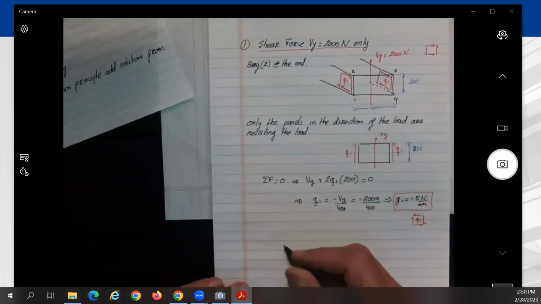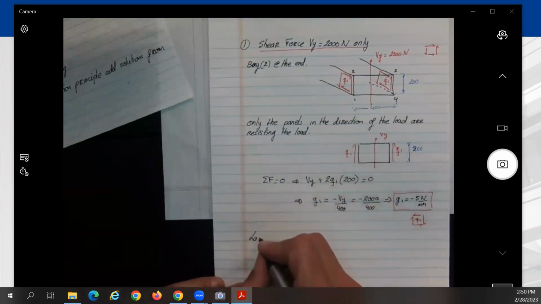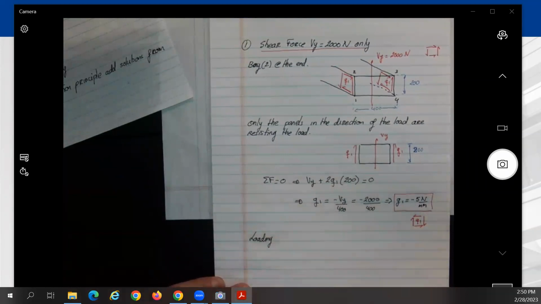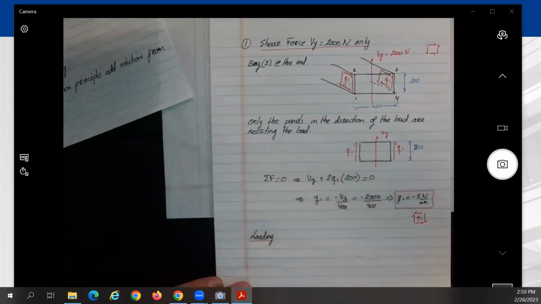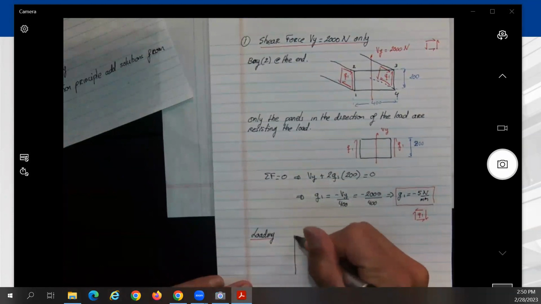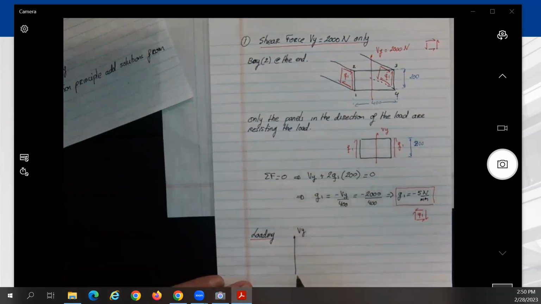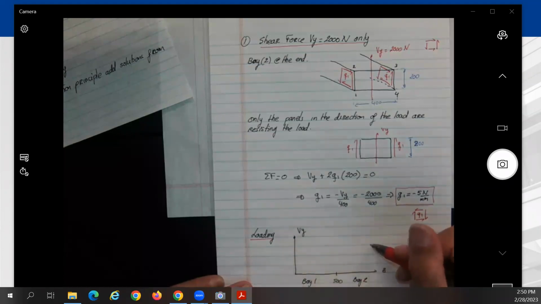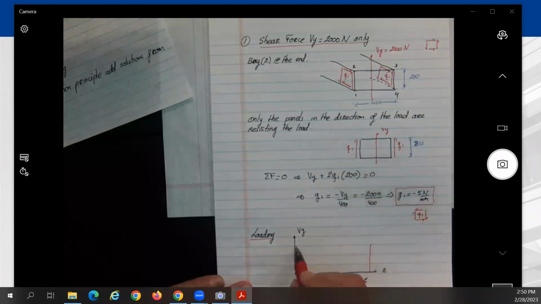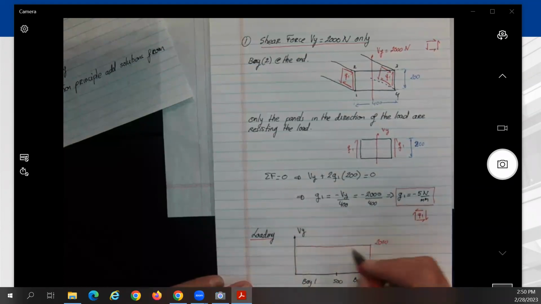So let's see, loading. Maybe it's important to do the figure. If we look at the shear diagram, let's say this is Z, the middle of the panel is 500, so this is bay 1, bay 2. The value of the shear is constant.